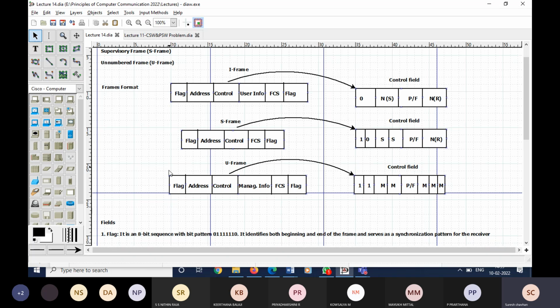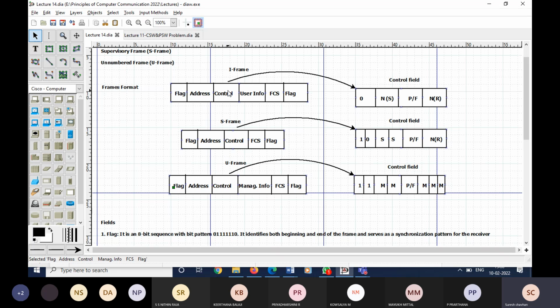That's why for all the frames you can see a flag at the beginning and a flag at the end, right? And the second one: suppose I'm sending a frame to a particular device, so I need a device name. In terms of the data link layer, I need the MAC address of the device. That's the reason the second field is the address, right?